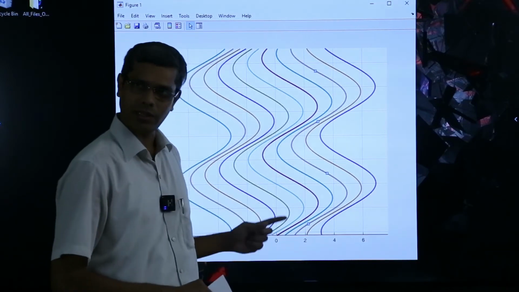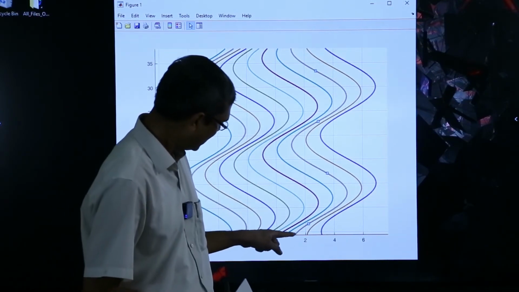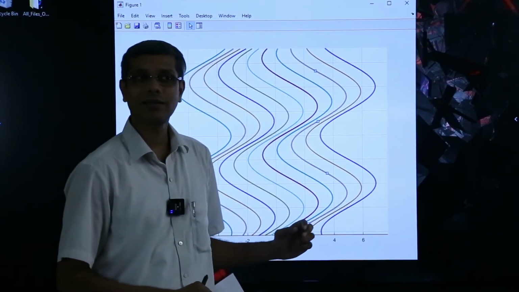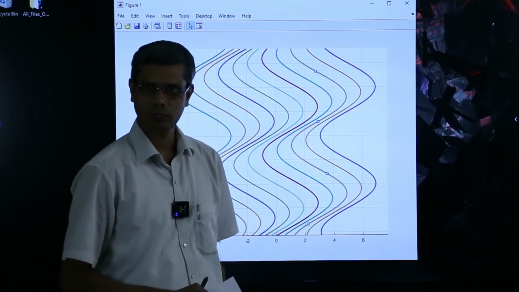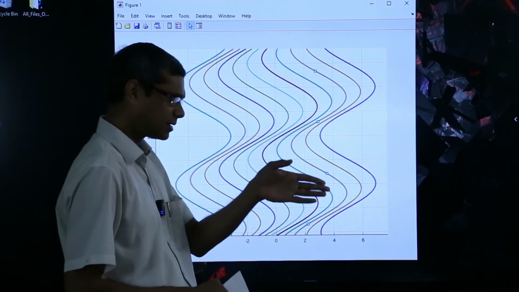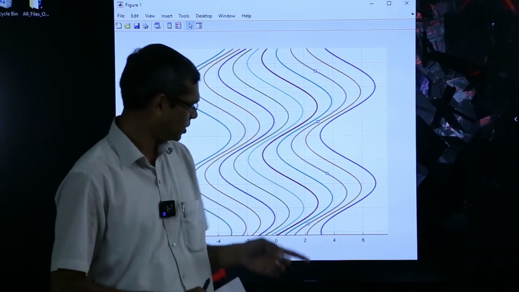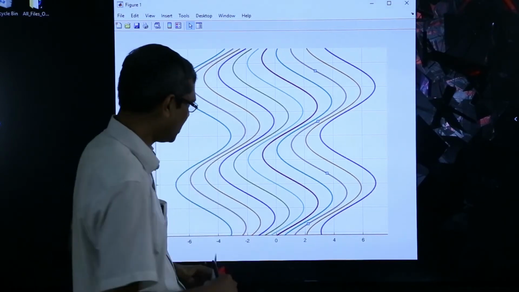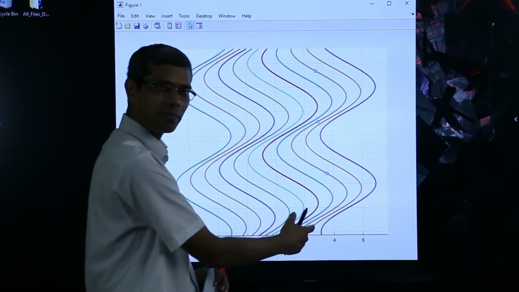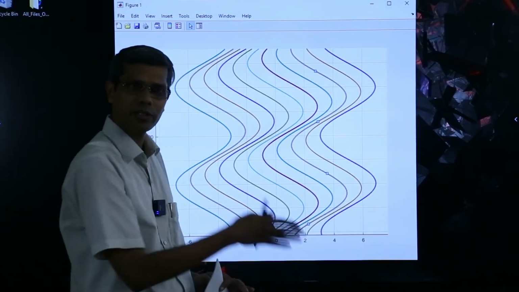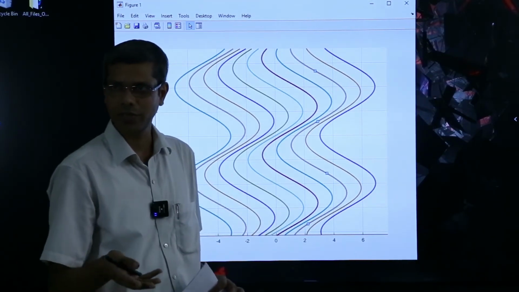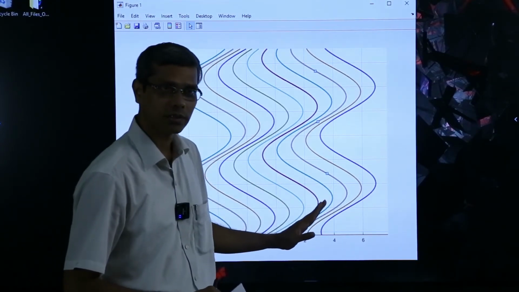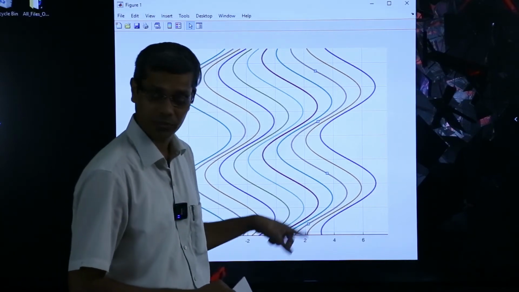So the particle whose name is 3 is at 2 at 1 second. That means if you are sitting at the location x equal to 2, particle 3 is there, and whatever is the displacement of that particle will be the displacement which you are talking about, Eulerian displacement. Similarly, the velocity is the slope of these curves of different particles at different times.